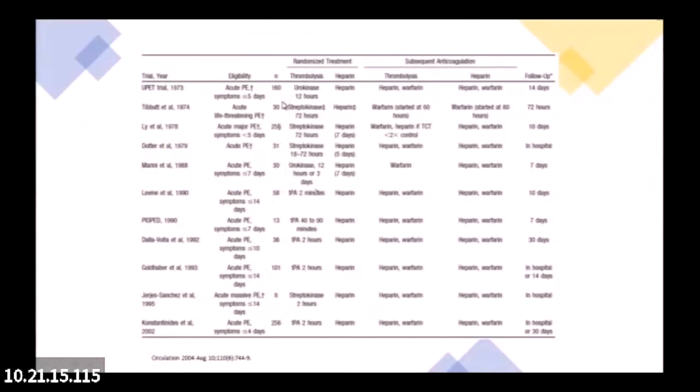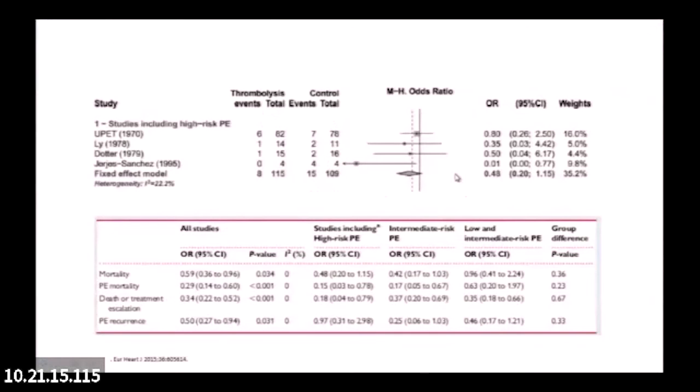Another thing is the sample sizes are very small. The first trial had 160 patients, but the other four had 30, 25, 31, and 8. Only 8 patients for the last trial in 1995. When they lumped those together, the all-cause mortality for thrombolysis treatment is not statistically significant.